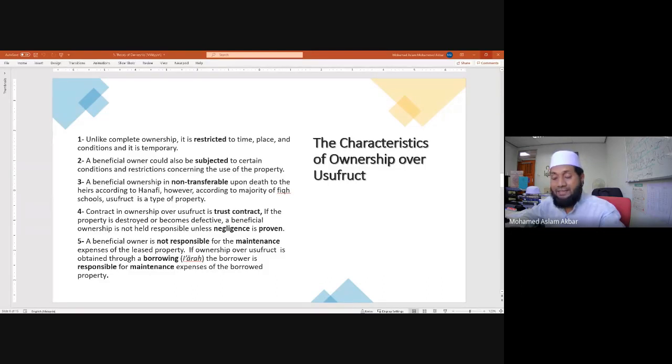When we discussed incomplete ownership, we talked about three types of incomplete ownership. Incomplete means you have the ownership of the usufruct, or you have ownership of the property, but you don't have the entire ownership to sell or exchange with something.